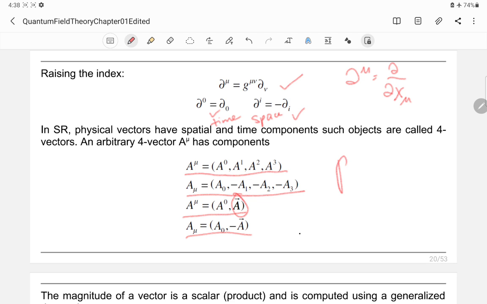You have the four momentum, and of course you have the four current density or current. So four momentum has a time component and a space component.